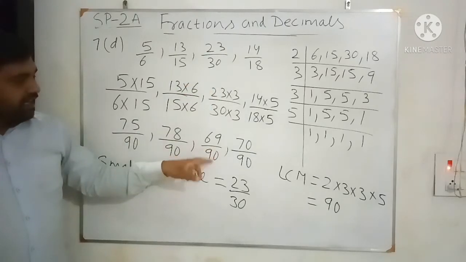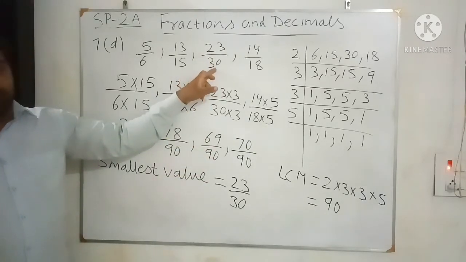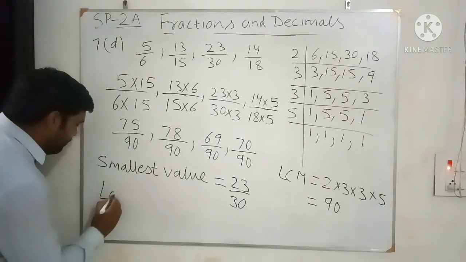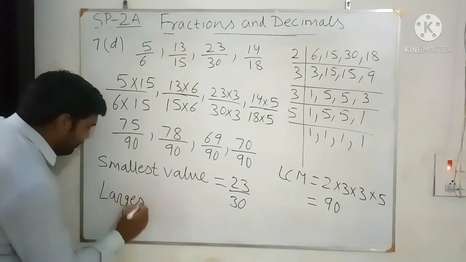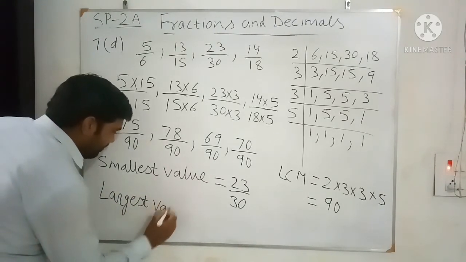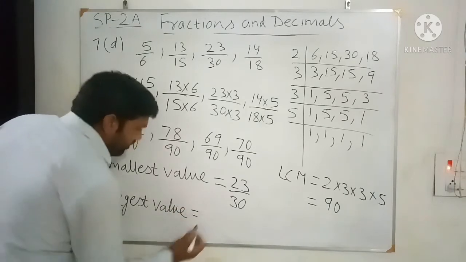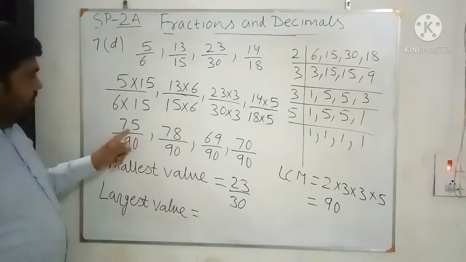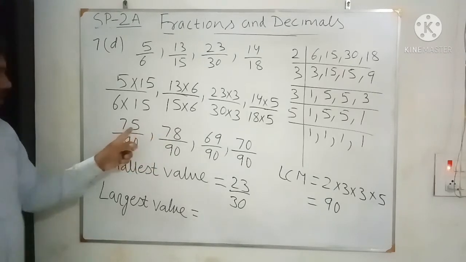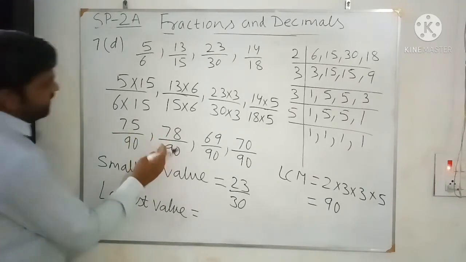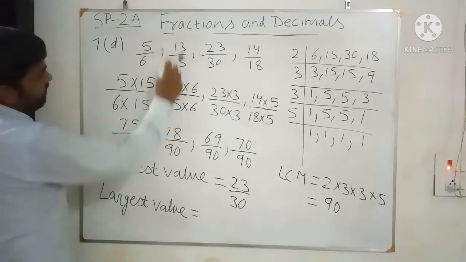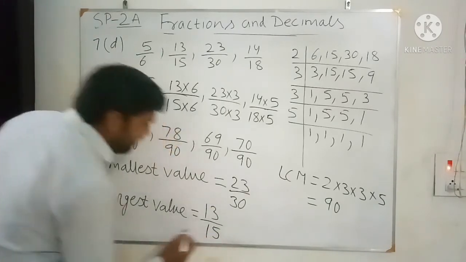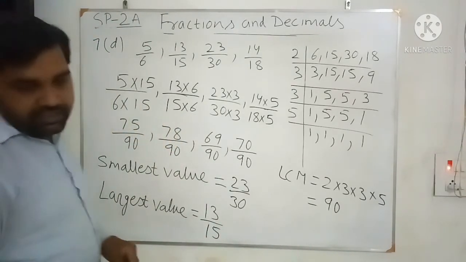On this place, we write the given fraction 23 by 30 as the smallest value. Now the largest value: 78 is the largest numerator. So 78 by 90, and 78 by 90 is the equivalent fraction of 13 by 15. So the largest value is 13 by 15. Okay, so this is the answer.